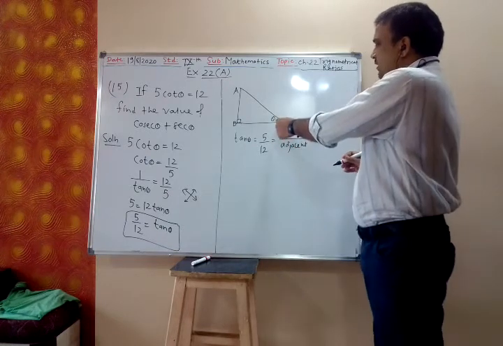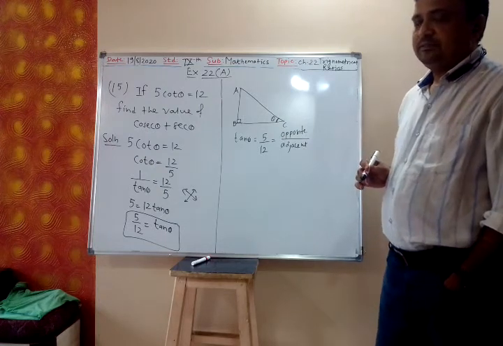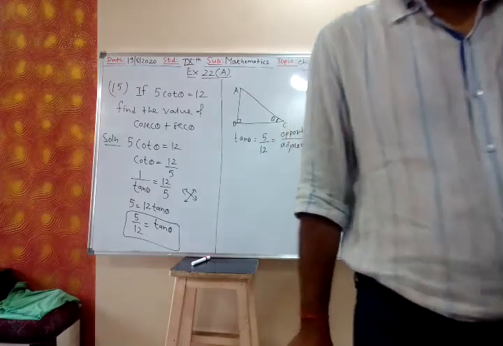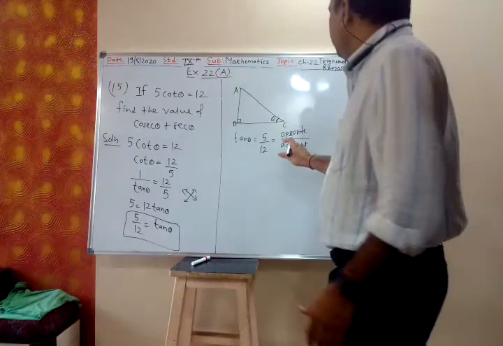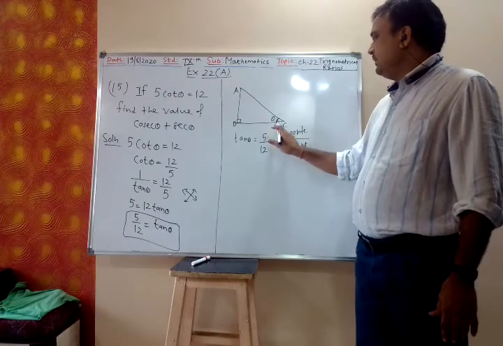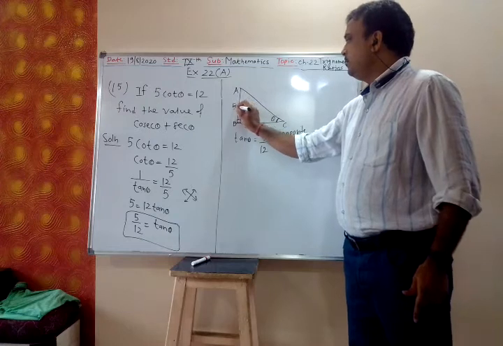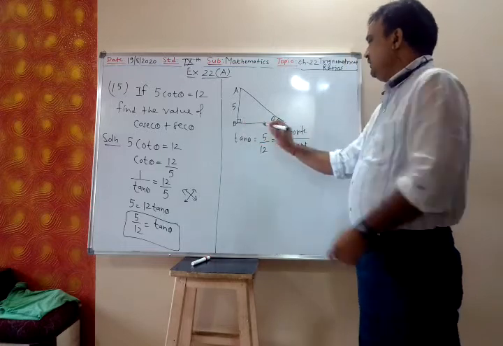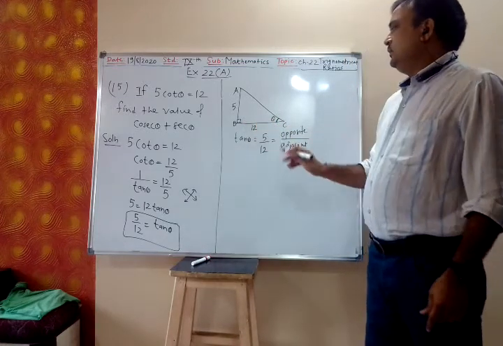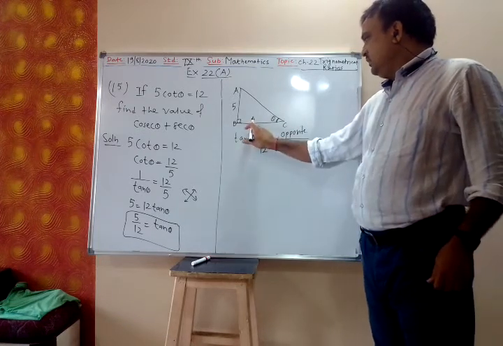Tan theta is 5 by 12. That means the opposite side to the reference angle theta is 5, and the adjacent side to theta is 12.